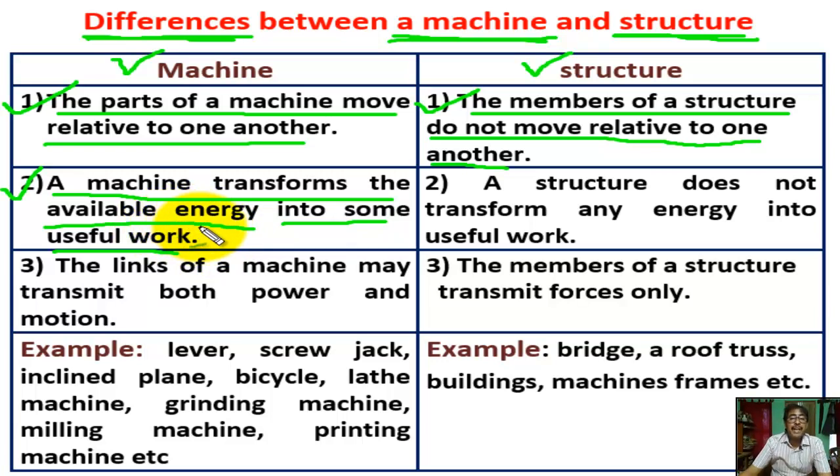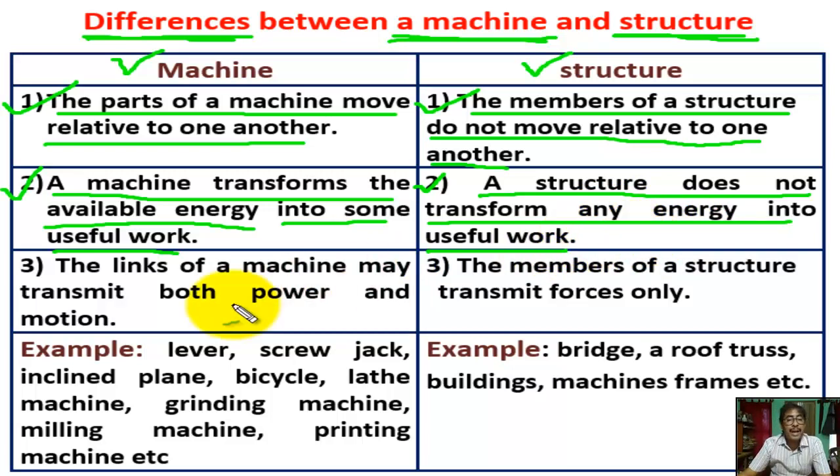A machine available energy কে কোনো required কাজ করার জন্য ব্যবহার করা হয়। In structure, number two, a structure does not transform any energy into useful work, not for transmitting useful energy.